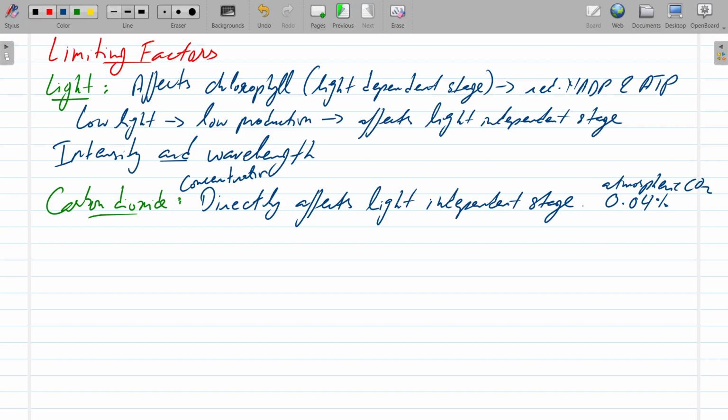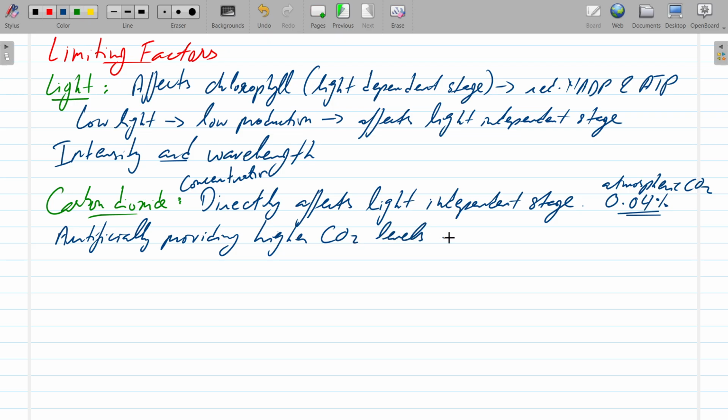Right, in natural conditions CO2 is a limiting factor, right, because it doesn't go higher than that normally. So artificially, right, providing higher concentrations of CO2 levels will lead to the increase in photosynthesis.